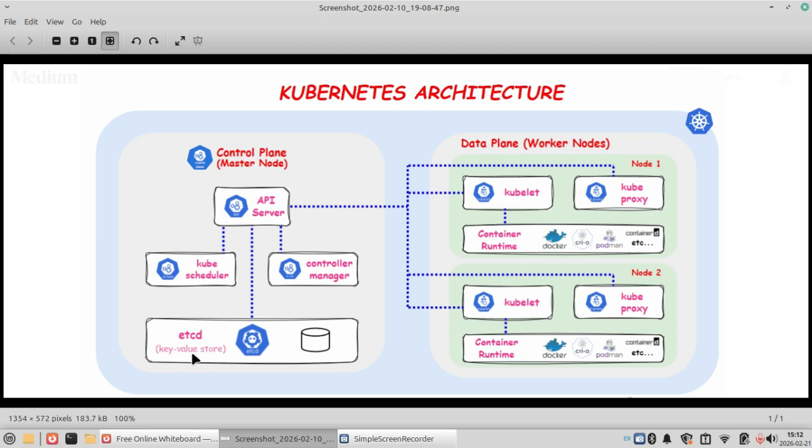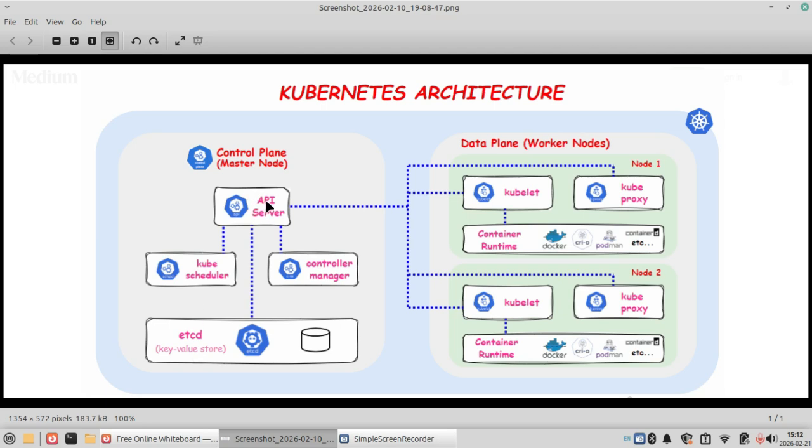So if someone should ask you, where does Kubernetes store its state? Then the answer should be etcd. So if etcd is unhealthy, then your cluster is unhealthy. And please understand that you never talk to etcd directly as a normal user. So as a user, you go through the API server.